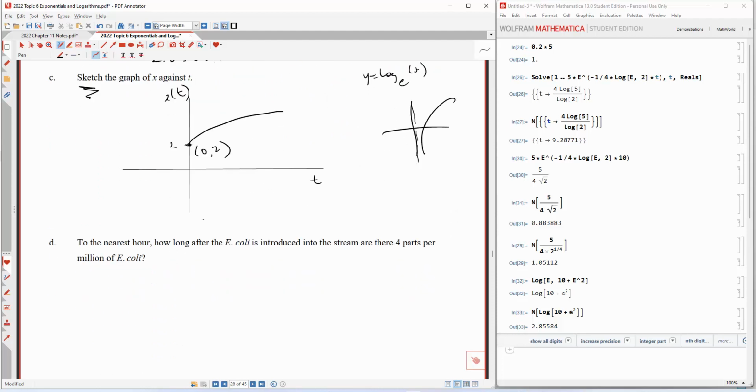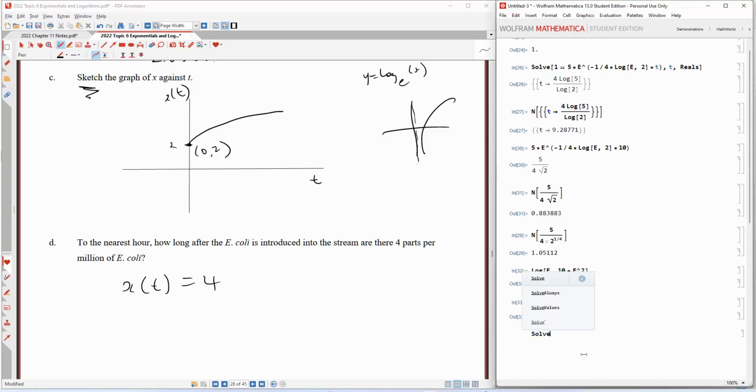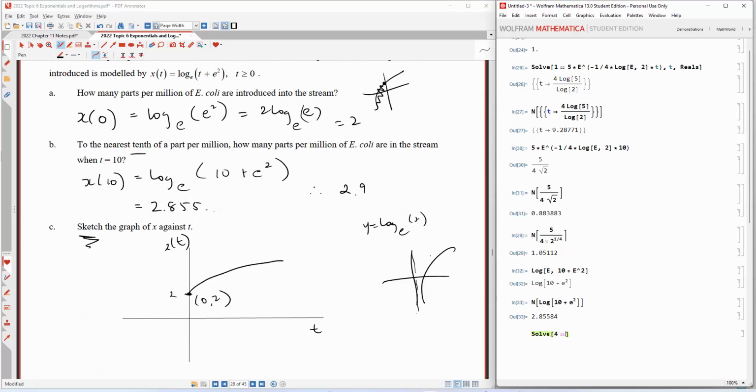To the nearest hour, how long after E. coli is introduced into the stream are there 4 parts per million? Okay, so what we're going to do is say x of t equals 4. Let's go ahead and solve that thing. So we'll go solve 4 equals, what's my function?